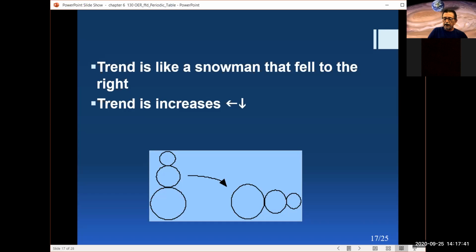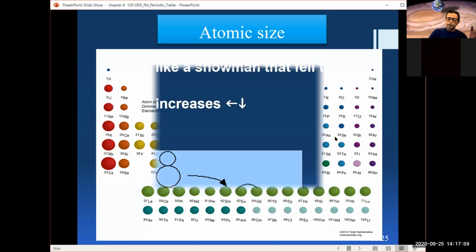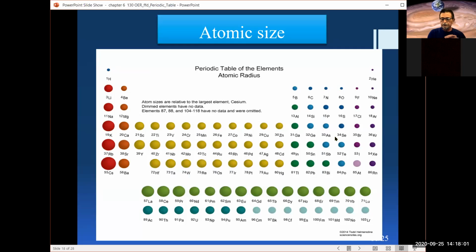We talked about the cation and the anion with respect to radius and which one would be bigger, okay? And now, looking at the periodic table, we can predict which element would be bigger or smaller in size, depending on its position on the periodic table. Okay? This particular table kind of gives you the trend. Now, what happens when you get down into the inner transition metals, that bottom two rows?